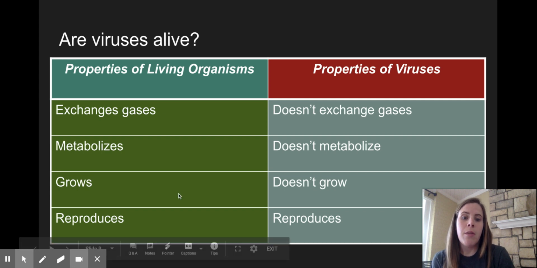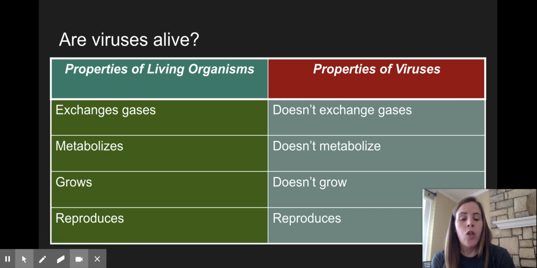Living organisms metabolize. Metabolism is breaking down something for energy. We break down carbohydrates and through the process of respiration make ATP, and then we use that ATP for energy. Plants actually do the same exact thing. They just make their own sugar first using photosynthesis. But viruses do not do that. They don't eat.